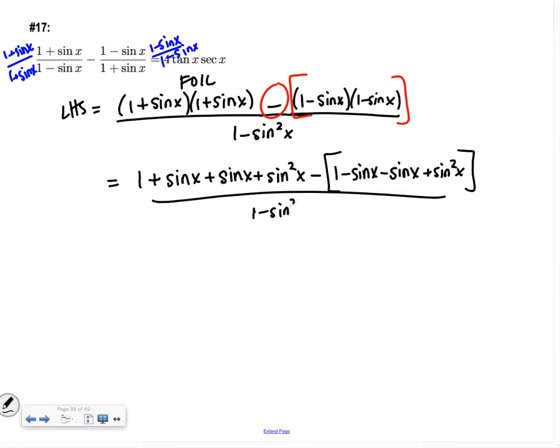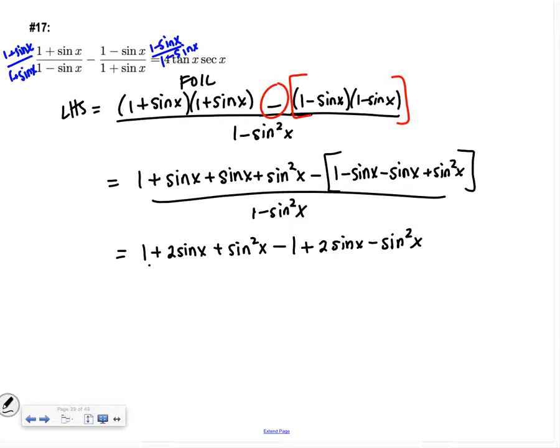The worst thing about identities is all the writing. I know you guys, your hands are probably sore, right? So I have 1 plus 2 sine of x plus sine squared of x minus 1. And then that was minus 2 sine of x, so when I do the negative distributed in, I get plus 2 sine of x. Then I have minus sine squared.